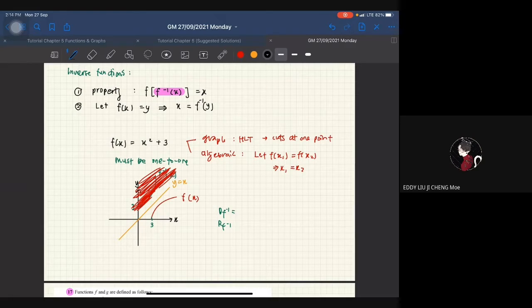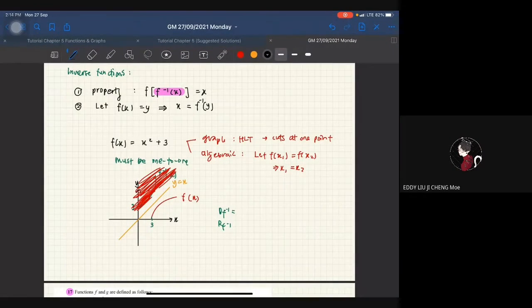And then the range of the original will be the domain of the inverse, and the domain of the original will be the range of the inverse. Okay, betul. Exactly.